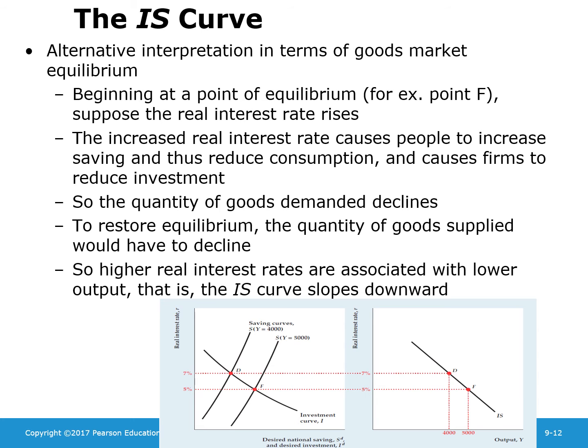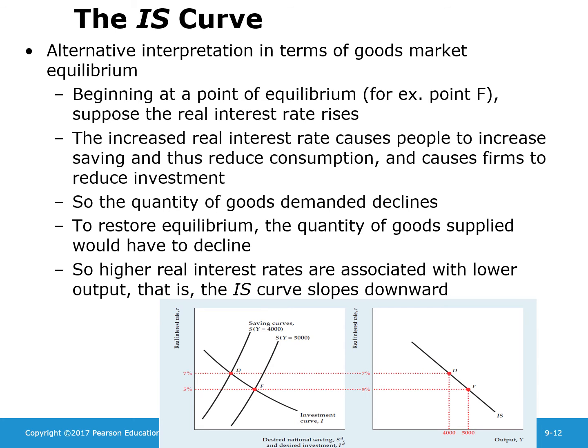The quantity of goods supplied would have to decline, because we began with a point of equilibrium at which aggregate demand equals aggregate supply, which is point F. But now the interest rate has increased, so aggregate demand decreases because of the decrease in consumption and investment.